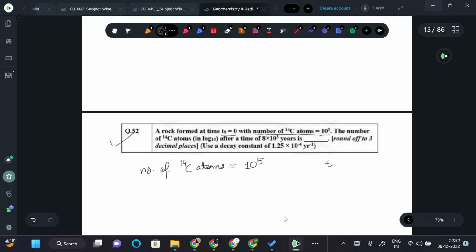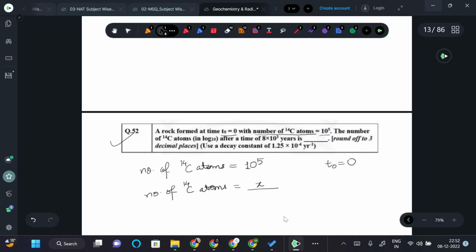This is at t0 equal to 0. The number of C14 atoms, it is asking in log 10. So whatever value you get here, you have to take log base 10 of that value.